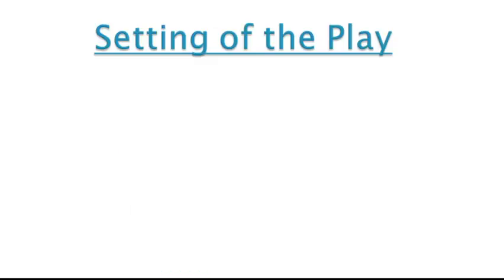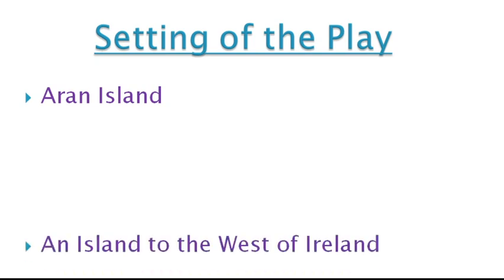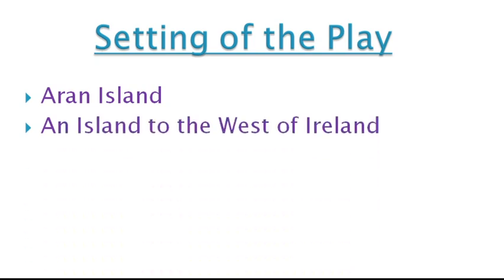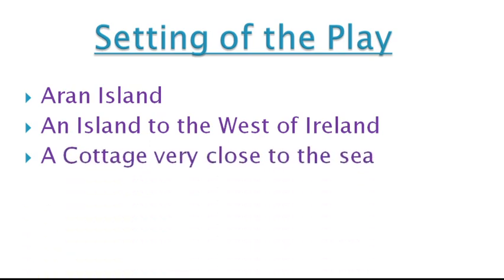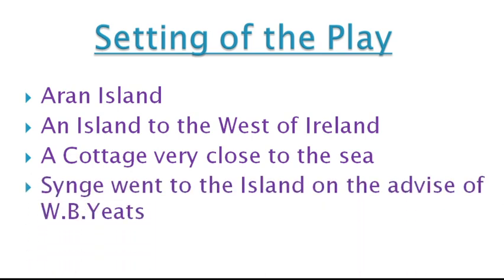So let's have a look at the setting of the play. Arran Island. It's an island to the west of Ireland, and at the very beginning of the story, we can see a cottage very close to the sea.